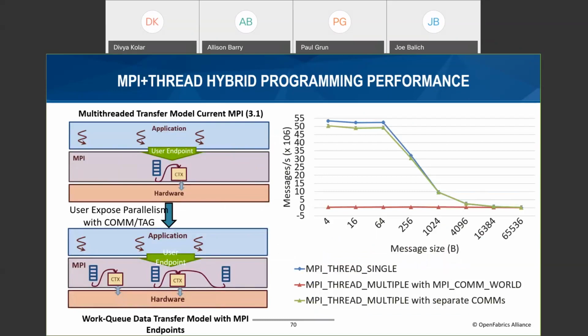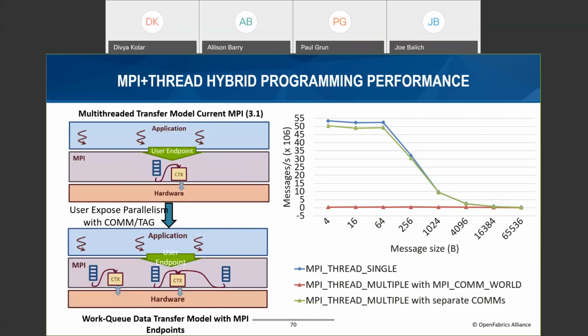And here are some performance numbers for MPI+thread using the VNI. As I mentioned, the user doesn't need to know about the endpoint.